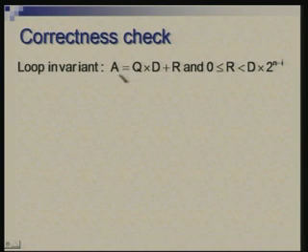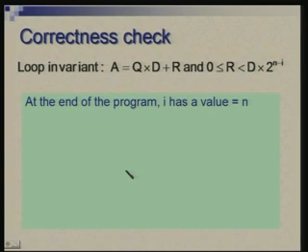We will ensure that q into d plus r is always equal to a. As the loop proceeds, this will be ensured, and also we will ensure that r remains within this limit. Intuitively we have put up this invariant, and first of all we must make sure that this invariant is a useful one, which will give us the required result.